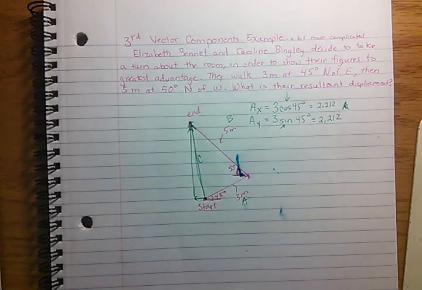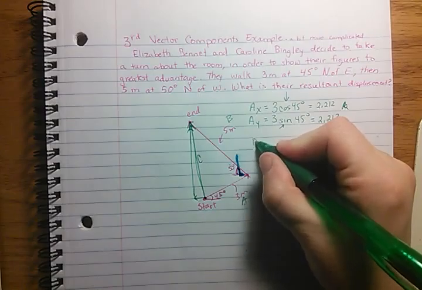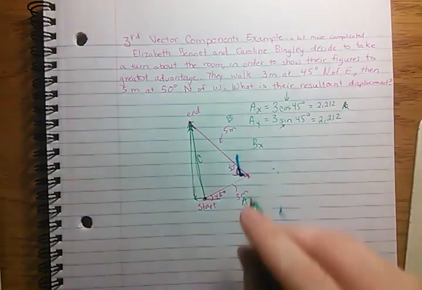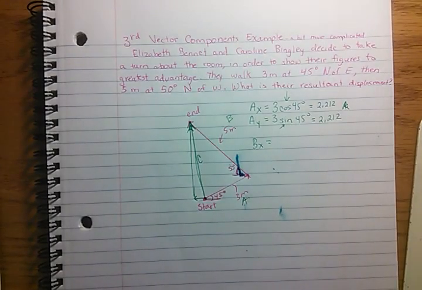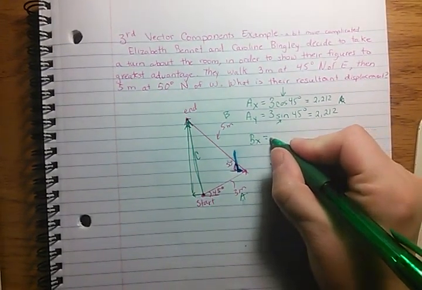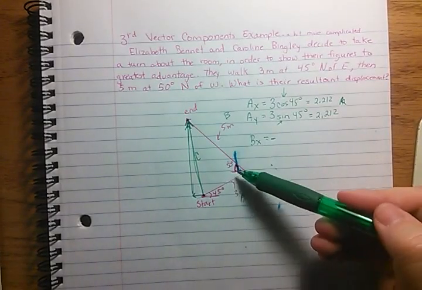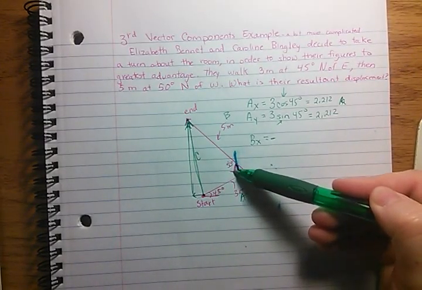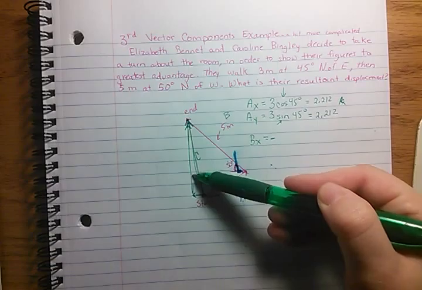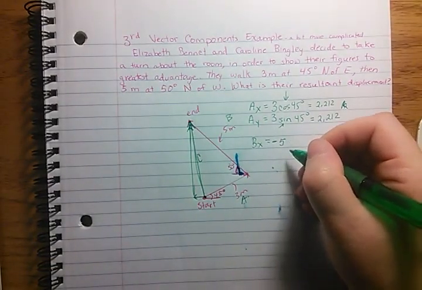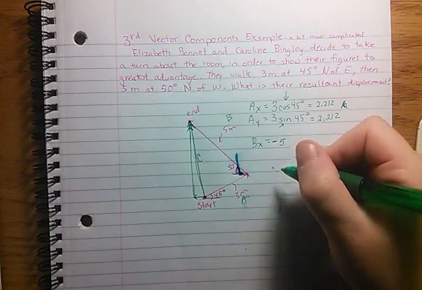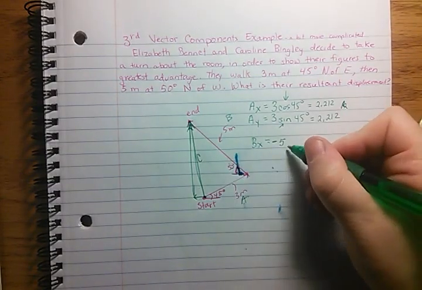All right, let's do that B vector. Okay. What do we need to remember about west? West is negative. So we want to say Bx is equal to negative, again, because the x component of B is pointing in the negative direction. So it's going to be negative 5. And what's our angle for B? Our angle for B is 50 degrees.